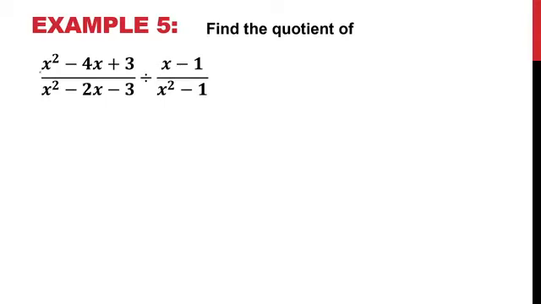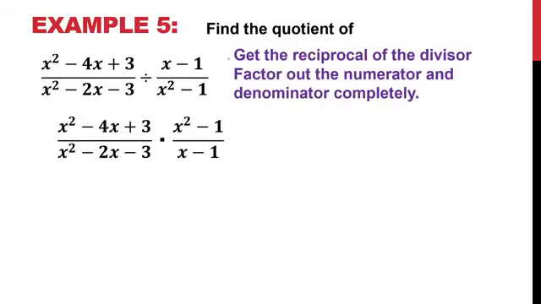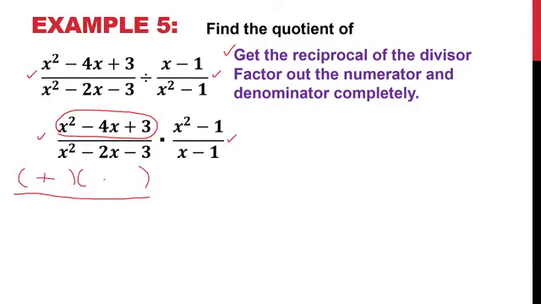This is a general quadratic trinomial, but the first thing to do is to get the reciprocal. So you copy the first fraction, we have it here, and get the reciprocal of the second fraction, we have it here. Now, this one is a general quadratic trinomial. If you're given minus plus, expect that the sign of the factors is plus minus.